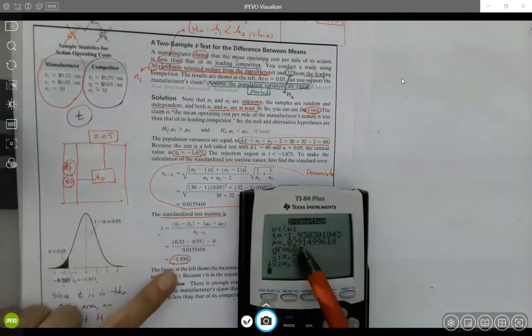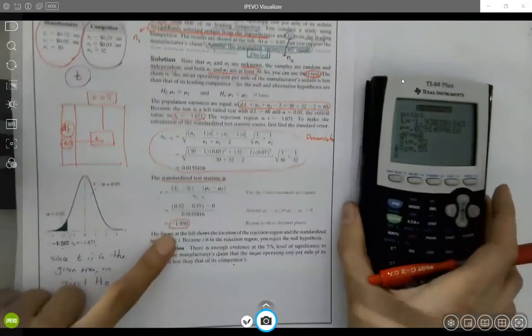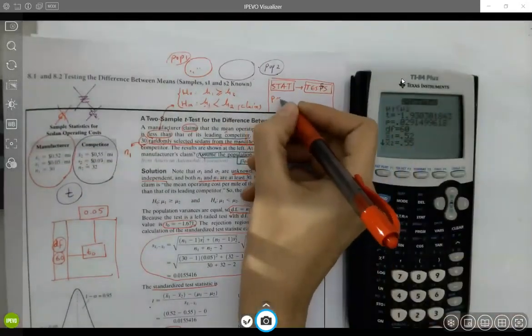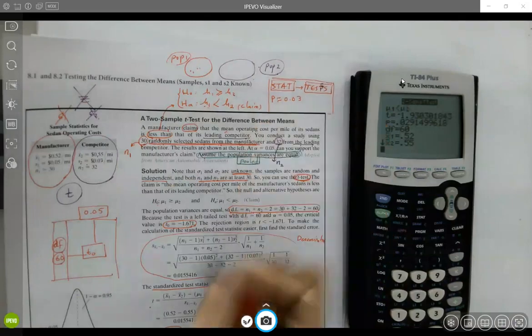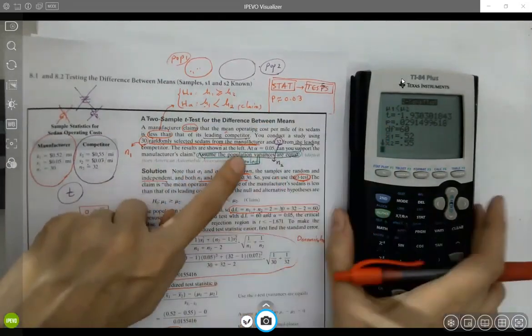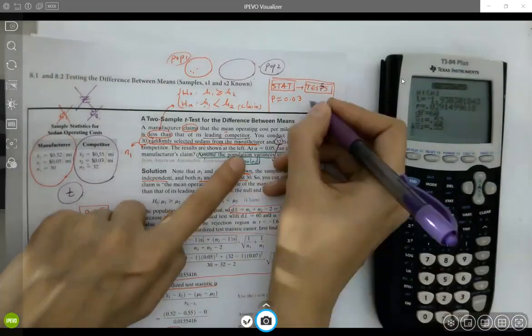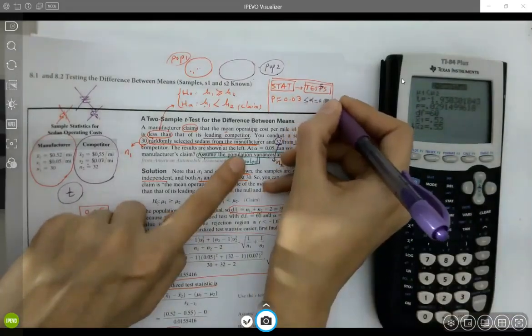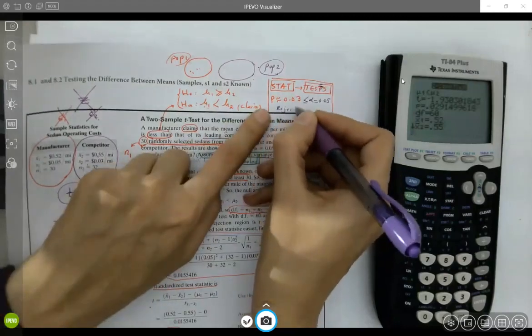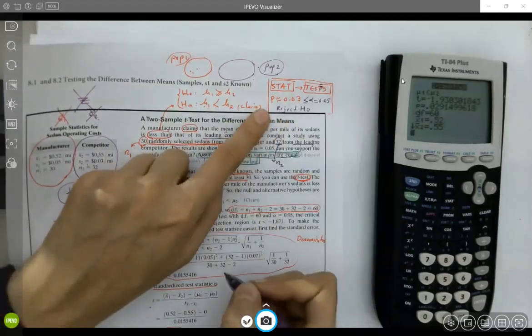In the best case scenario it is 3%. So P-value, let me write this here for you. P is roughly 3%. Your alpha is given as 5%, so P is less than or equal to alpha. So it means that you reject the null hypothesis.